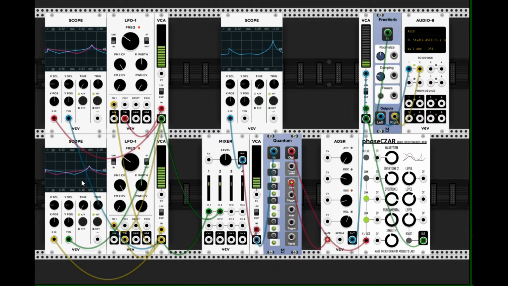The blue one is the graph, again like in the last videos, of the LFO next to the scope, and the pink one is the graph, the CV development of the other LFO. So this pink graph shows the output of LFO1 here above, and this pink graph shows the output of LFO2 down below. So this pink graph is identical to this blue graph and vice versa.